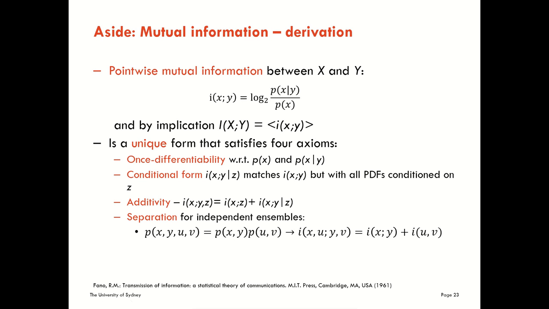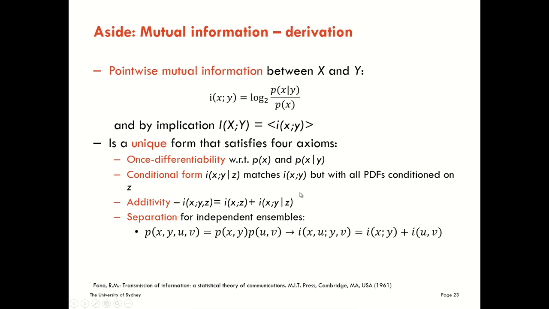So Fano derives the pointwise mutual information as the unique form that satisfies 4 particular axioms. It satisfies differentiability across these probability functions. It satisfies that the conditional form matches the unconditioned form, but simply with the probability distribution functions conditioned on Z. It satisfies a chain rule or additivity.